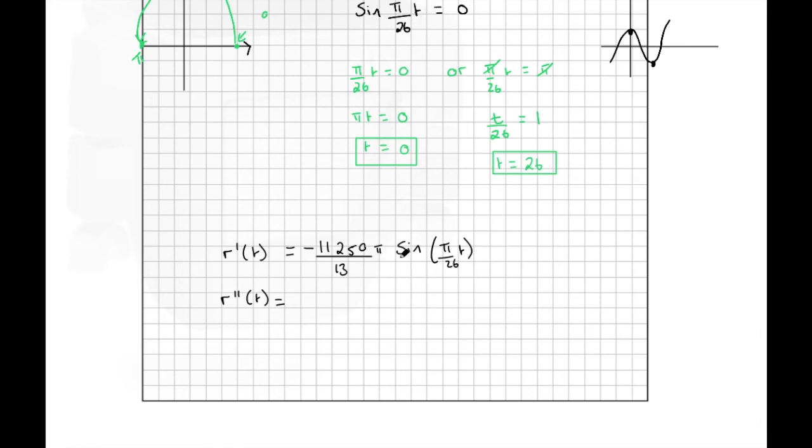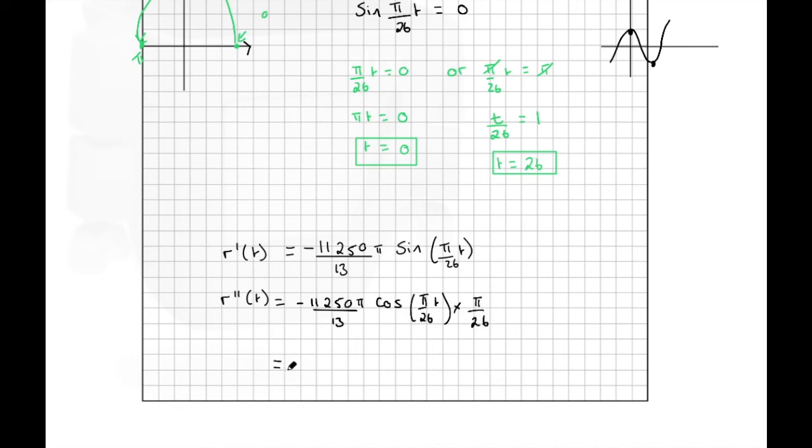So I'm going to have minus 11250 pi over 13. It's going to be minus. Sine goes to cos, positive cos, so I don't need to mess around with the signs. I don't change the angle, but I do multiply by the differential of what was in the bracket.